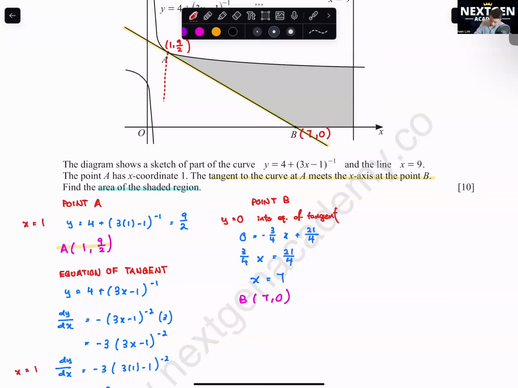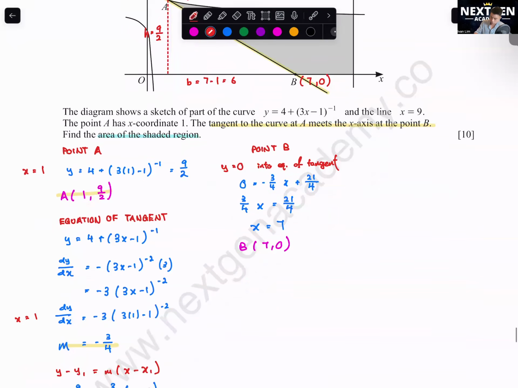Okay, we can use area of triangle is half times base times height. Okay, how to find half times base times height? Look at the bottom here. Okay, this is your height. Height, you just follow this value here, 9 over 2. Your base, you will need to take 7 minus 1, which is equals to 6.